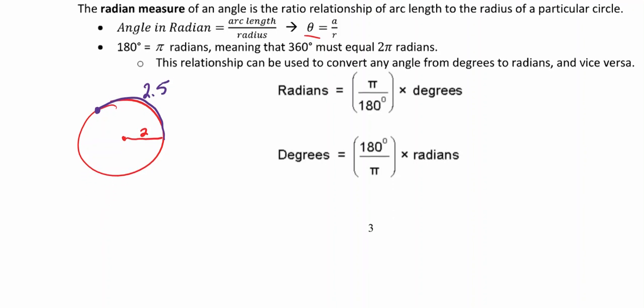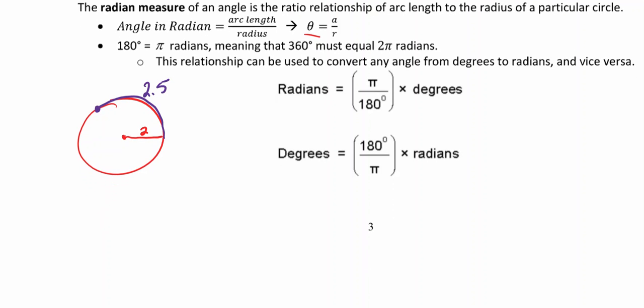Well, if I want the angle for that, then all that's going to be is how many of these radiuses go into this 2.5. So the angle is just going to be equal to the arc length divided by the radius. So the angle is equal to 2.5 divided by 2. Okay? So our answer here would just be the angle is equal to 1.25.